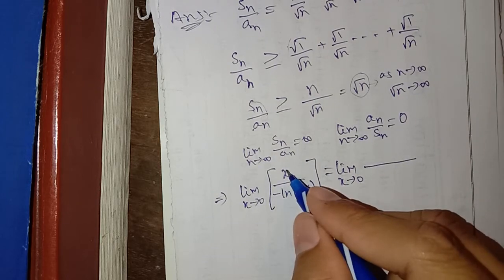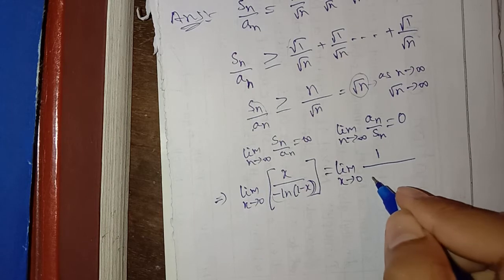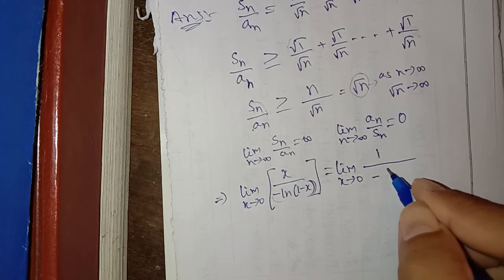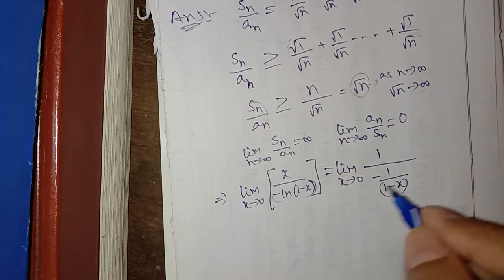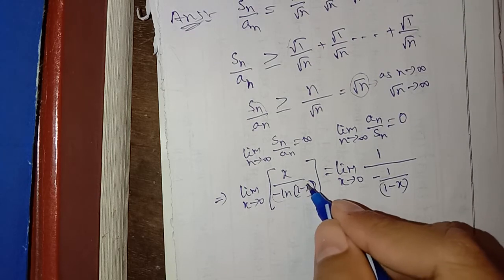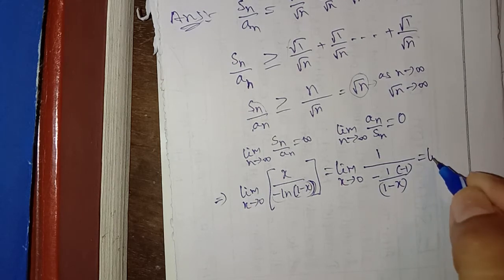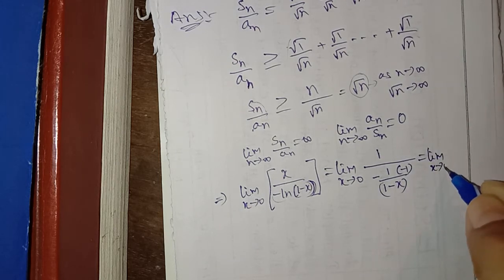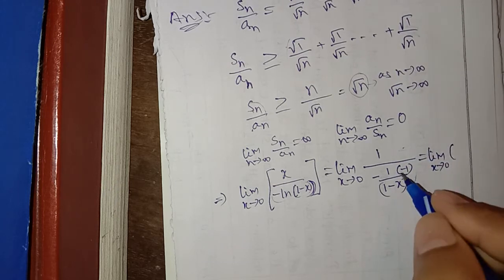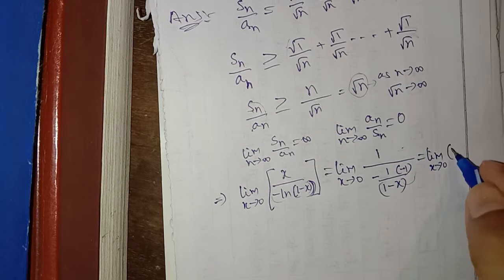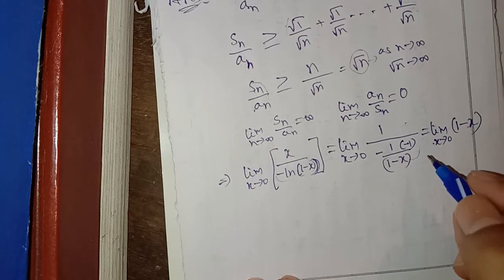Differentiation of the denominator is minus 1 divided by 1 minus x, into differentiation of 1 minus x, which is minus 1. So we get minus 1 into minus 1, plus 1 minus x. We get limit x tends to 0, 1 minus x.